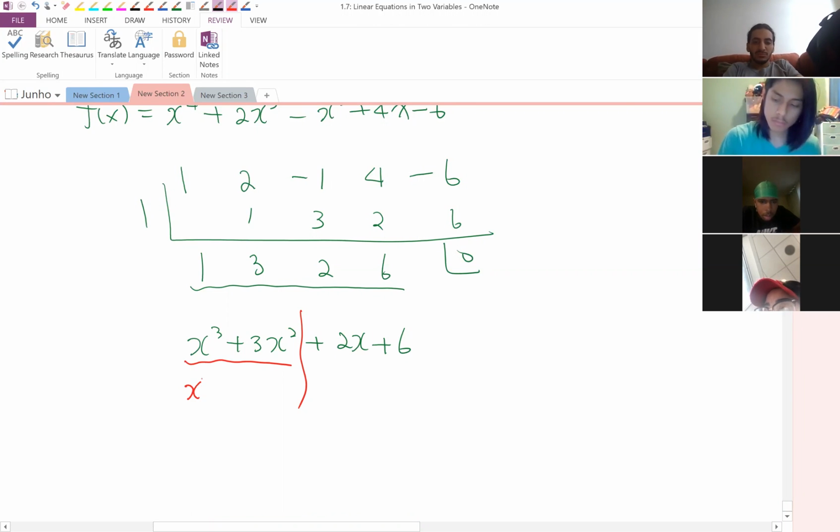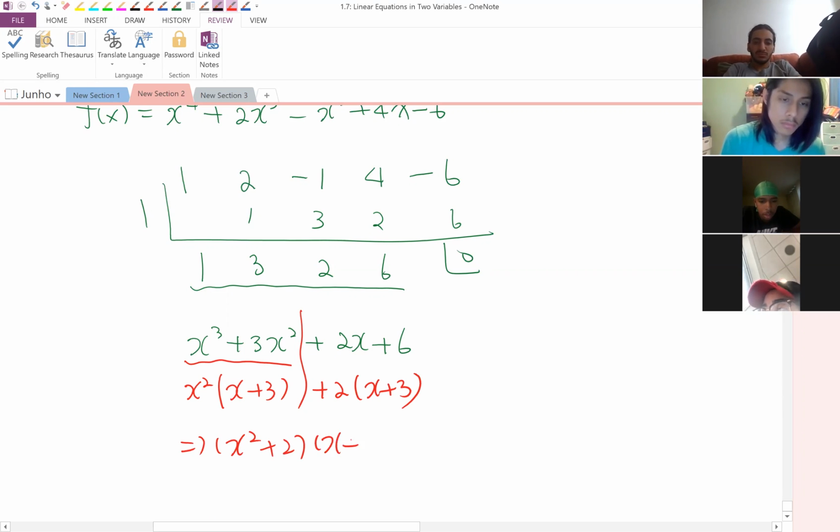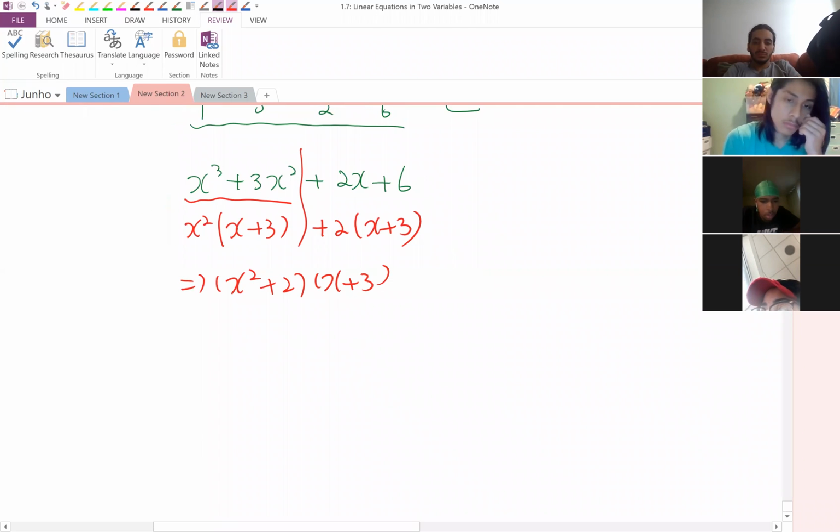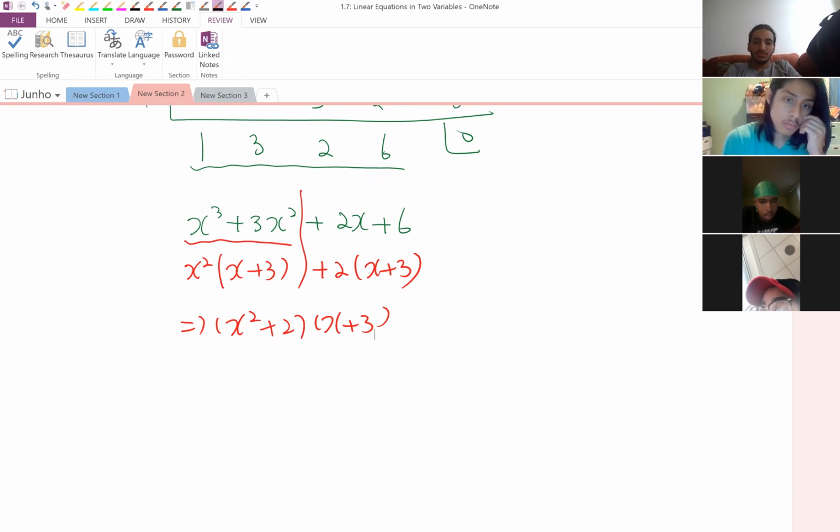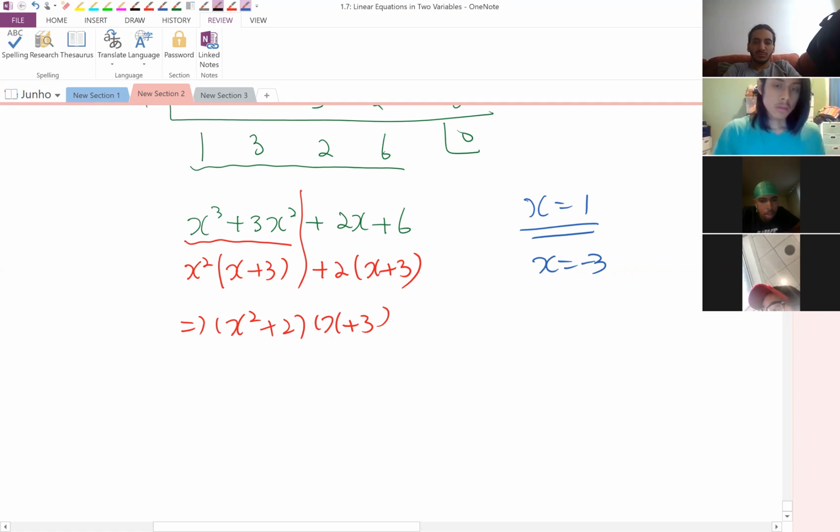So x squared times (x plus 3) plus 2 times (x plus 3). So this becomes (x squared plus 2)(x plus 3). And for x minus 1, we have the answer x equal to 1. From here, x equals -3 is also another answer.